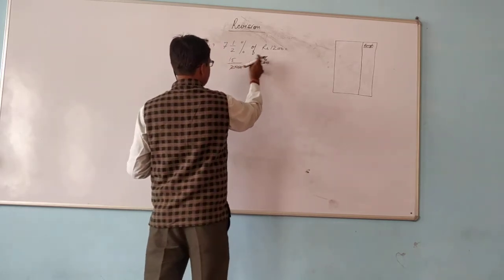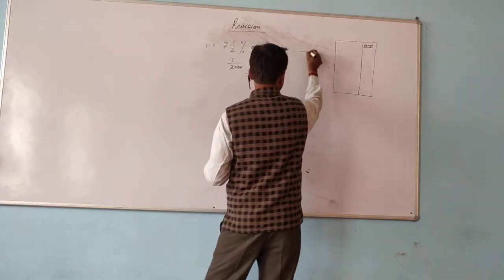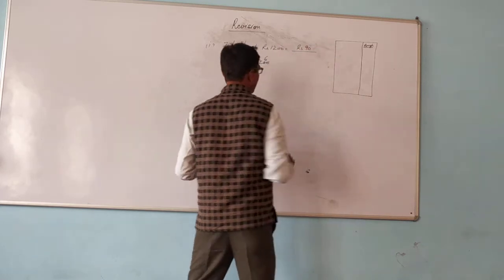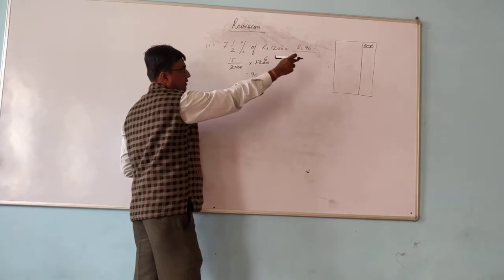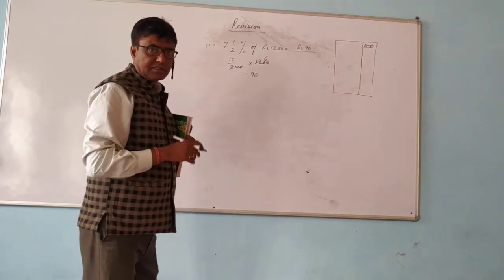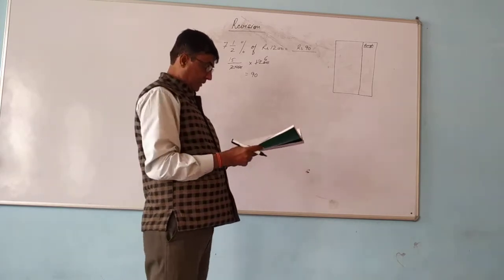Then 15 sixes are 90. So the fill in the blanks answer will be rupees 90. Got the answer? You can solve this on your rough column. I have done it for your purpose, but you will solve it on your own.